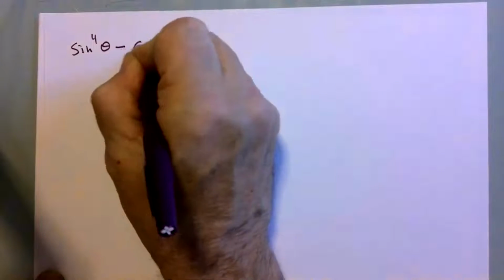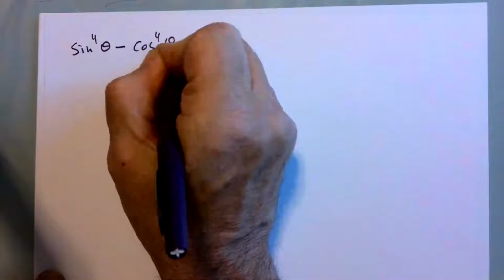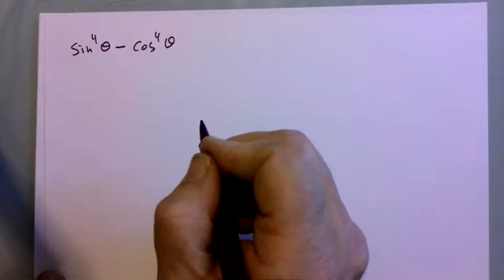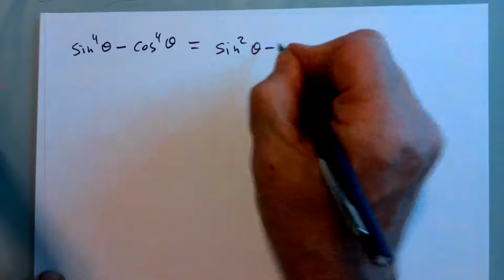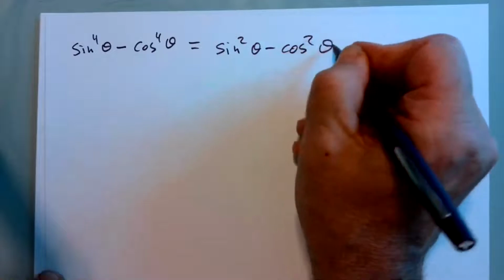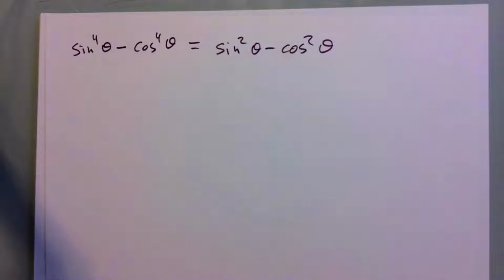sine to the fourth of theta minus cos to the fourth of theta equals sine squared theta minus cos squared theta. And how are we going to do this?